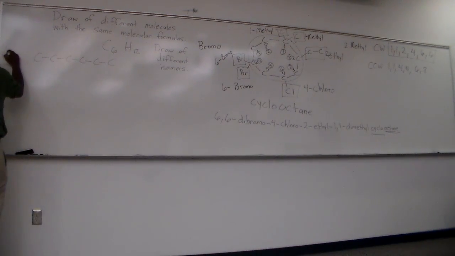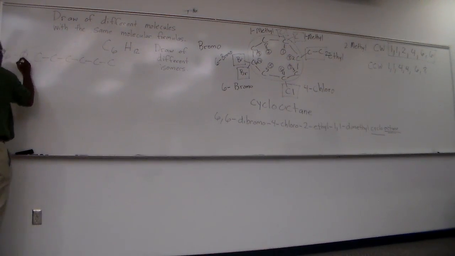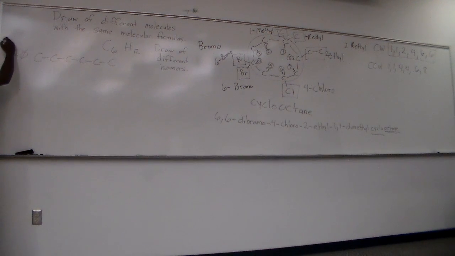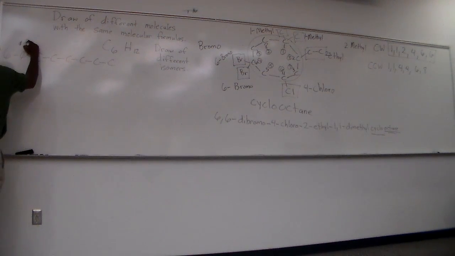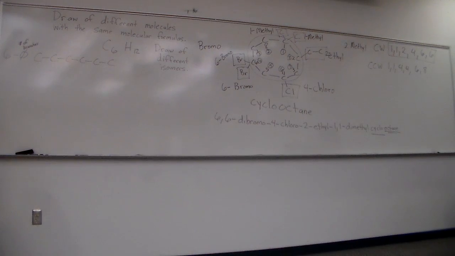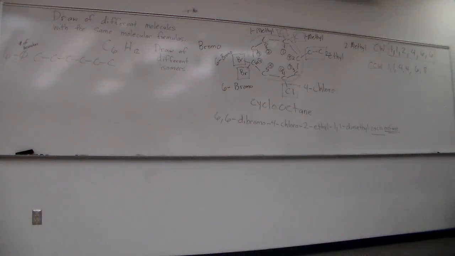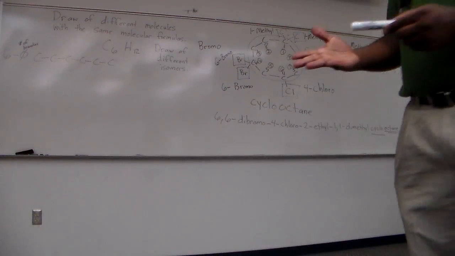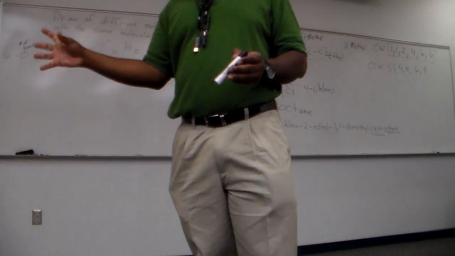This is 6 carbon atoms, 0 branches. What name is given to a molecule with 6 carbon atoms in a straight line? Hexane. Now for a pattern, we start with 6 and 0.